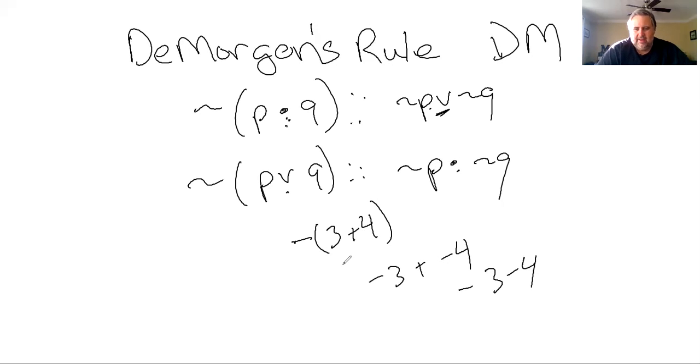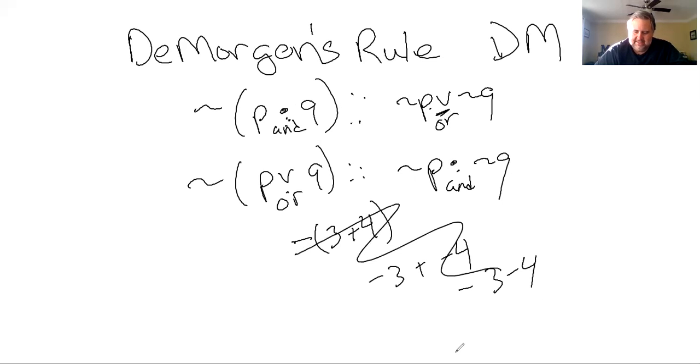But in logic, you actually have to change your operator from dot to wedge, or from wedge to dot. You have to change it from an or statement to an and statement, or an and statement over to an or statement. And you might be saying, wait, I don't know if I follow that. I don't know if that makes sense.